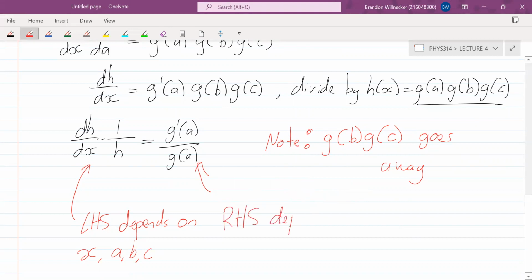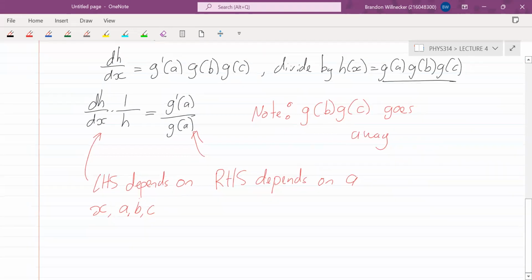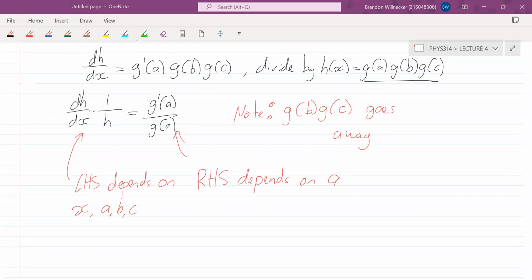Right-hand side depends on A, because it's g prime of A divided by g of A.